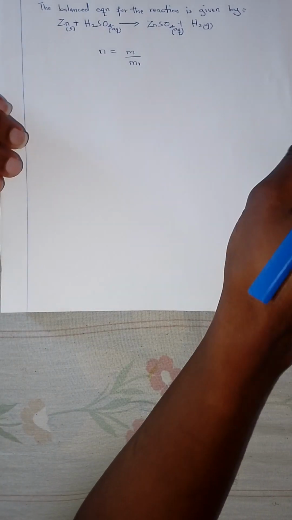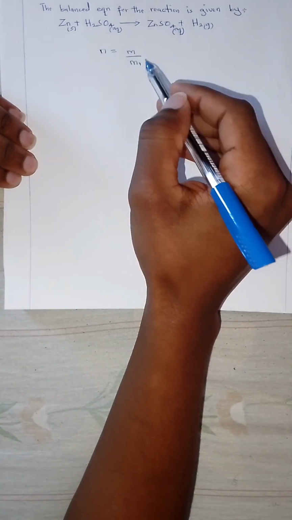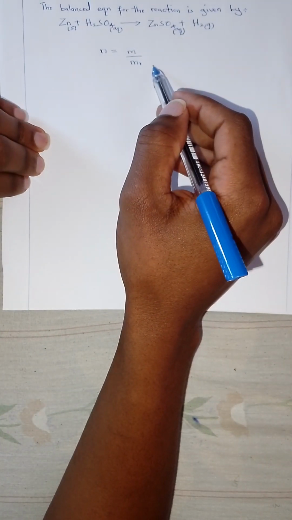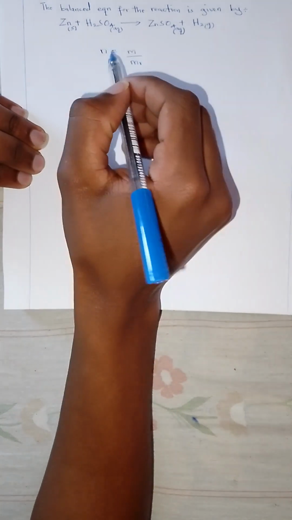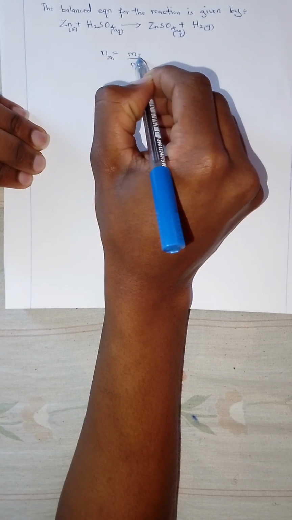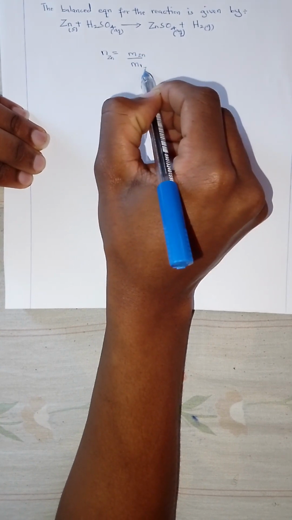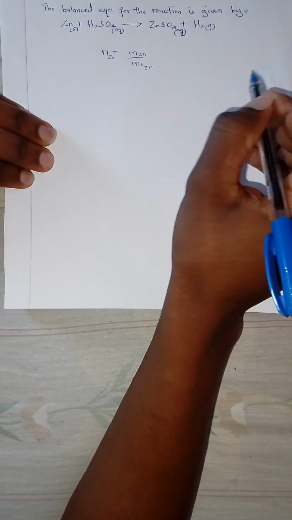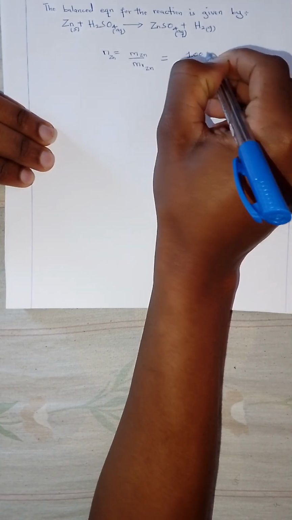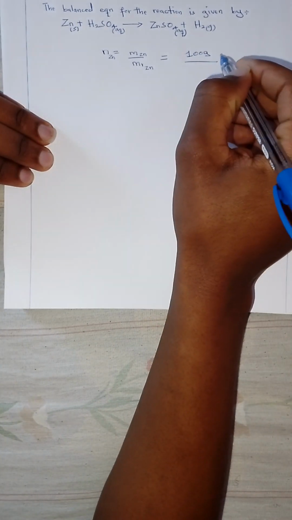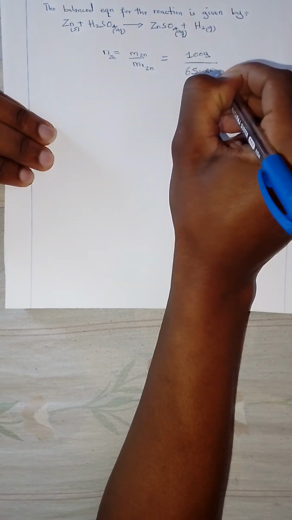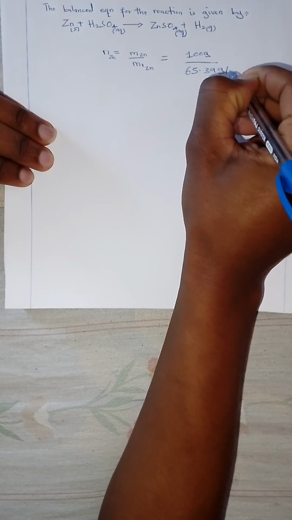We know that number of moles is equal to mass over molar mass, but since we are dealing with zinc, the number of moles of zinc is equal to the mass of zinc over the molar mass of zinc, which is equal to 100 grams over 65.39 grams per mole.